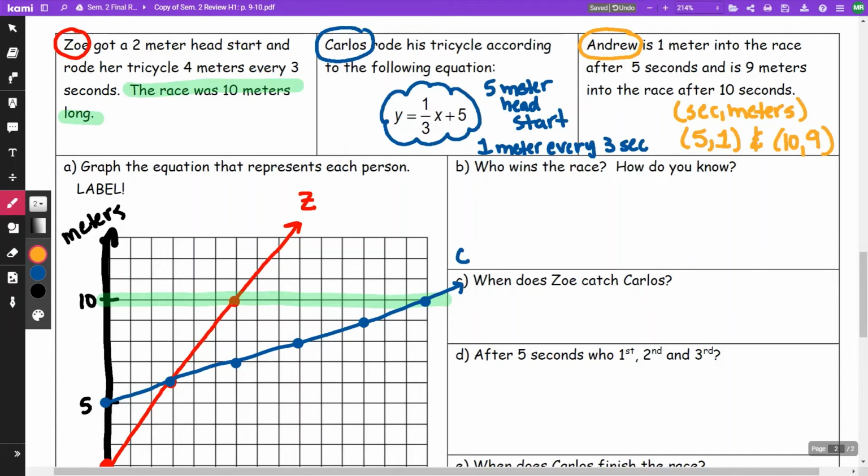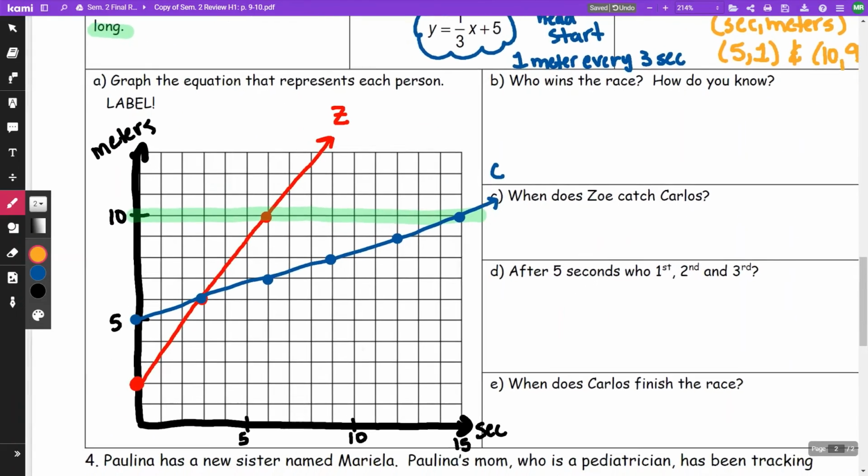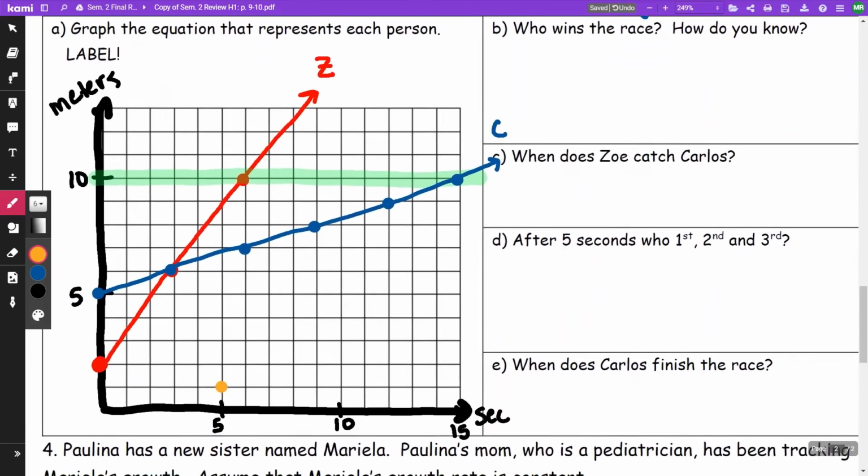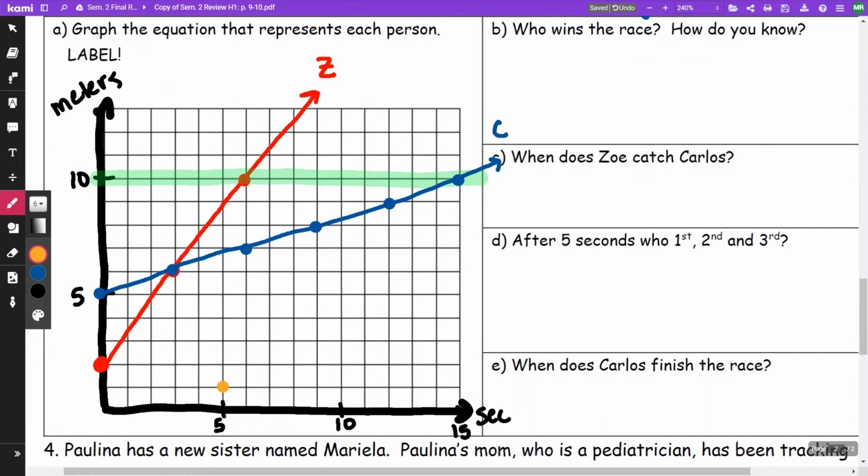So I'm going to plot those 2 points. 5 seconds, 1 meter, and 10 seconds, 9 meters.